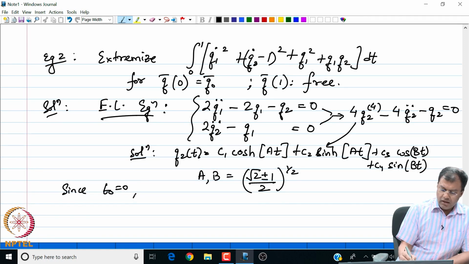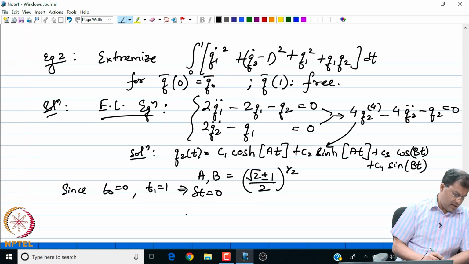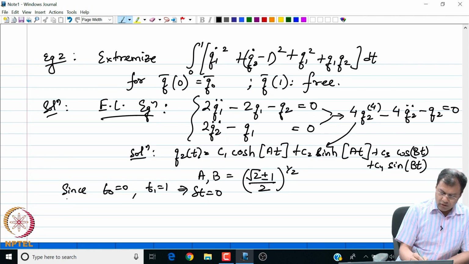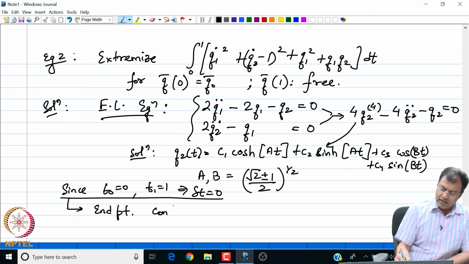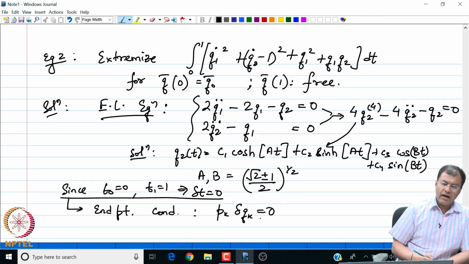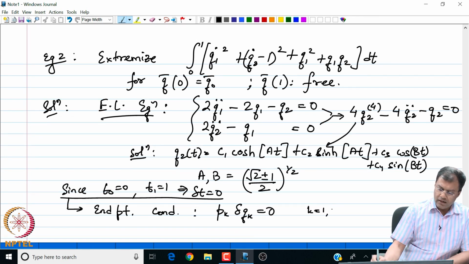Now, there is no variation in the free variable t, since t0 is 0 and t1 is 1, it implies my delta t is 0, no variation in the free variable. So this statement is implying that my endpoint condition reduces to p_k delta q_k is equal to 0, for k equal to 1 and 2.